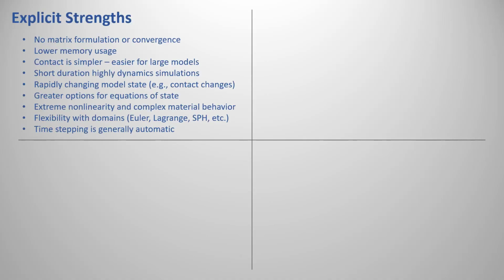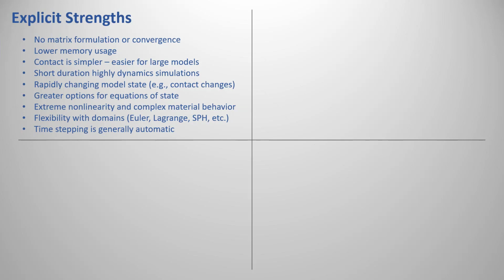So the strengths of the explicit approach is, again, there's no matrix formulation, there's no need for convergence. It also generally uses less memory because so much less has to be stored as a process of decomposing that stiffness matrix, for instance. Another huge advantage is that contact can be simpler.